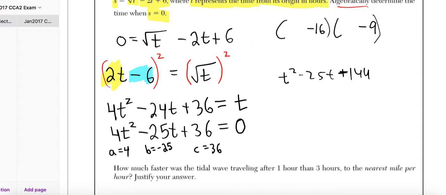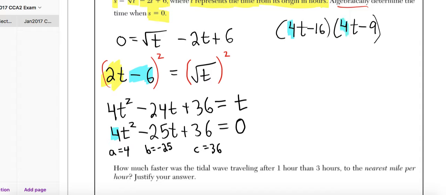But we didn't have a positive 1 as our a value. We had positive 4. So what I like to do is, instead of having t minus 16 and t minus 9, I'm going to put a 4. The a value was 4. So I'm going to put that right here in front of both, as a coefficient of both t's.